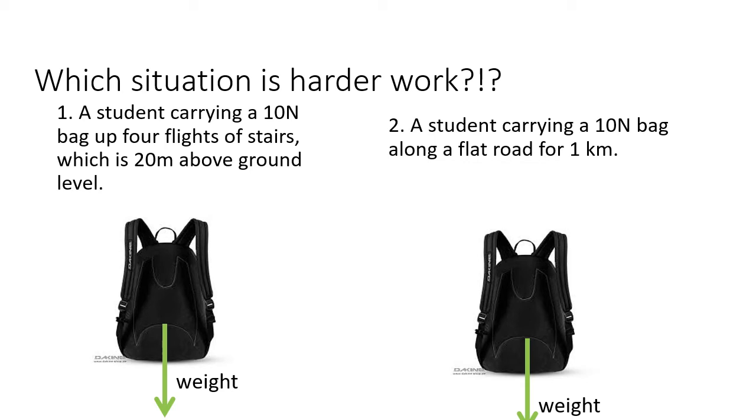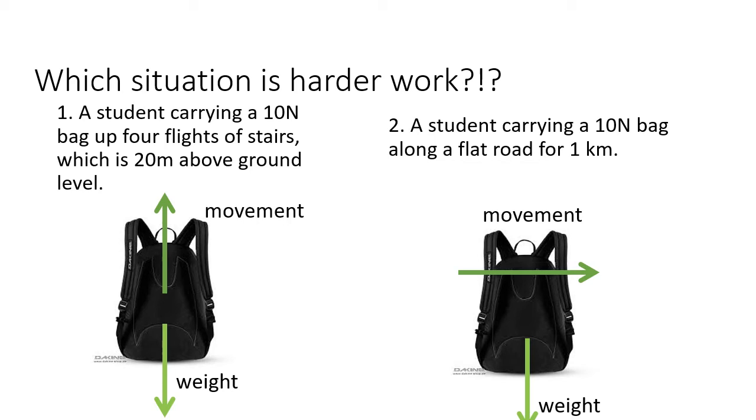When something is being carried, its weight is always acting downward. In situation 1, the student is moving upward. And in situation 2, the student is moving perpendicular to the direction of the weight. So in situation 1, the direction of the movement and the direction of the force are parallel to each other.